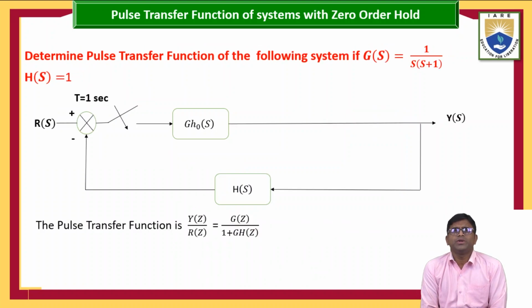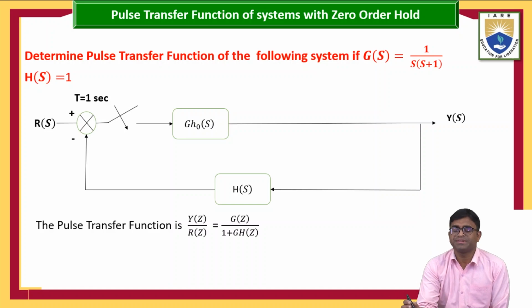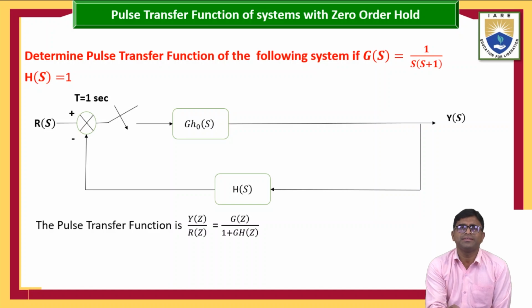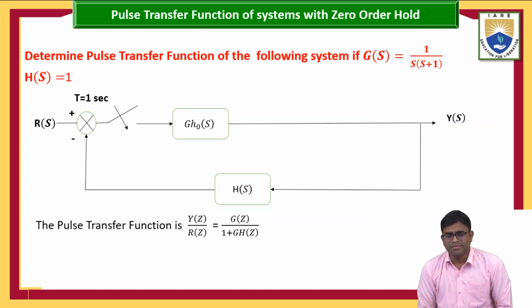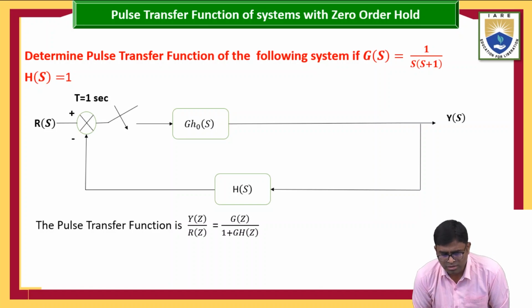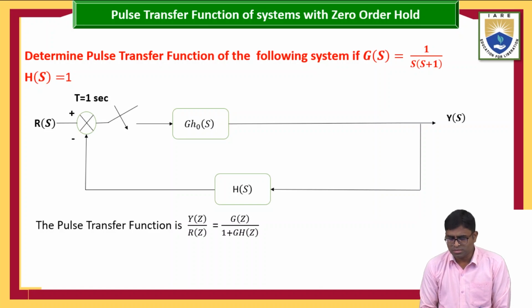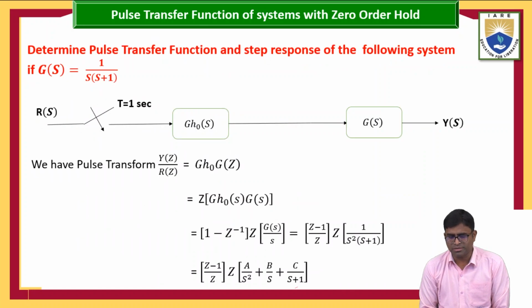Now I am going to find the pulse transfer function. Here I am taking one more problem. The system is given as g of s equal to 1 by s plus 1, and in this problem the feedback is given as h of s equal to 1. Sorry, I did not draw g of s properly by mistake.